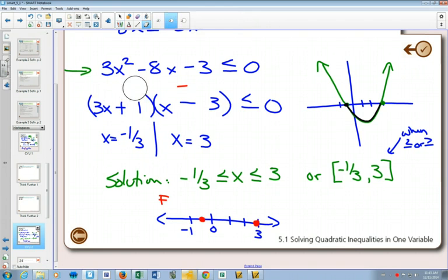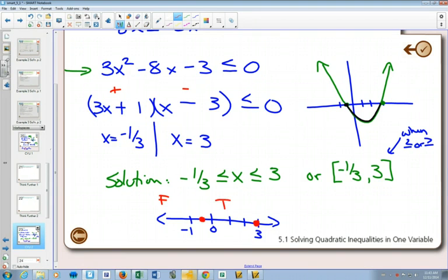If I were to plug in 0, something in the middle section, this will be positive. This will be negative. Positive times a negative is a negative. Is a negative number less than or equal to 0? Yes. This section is true.